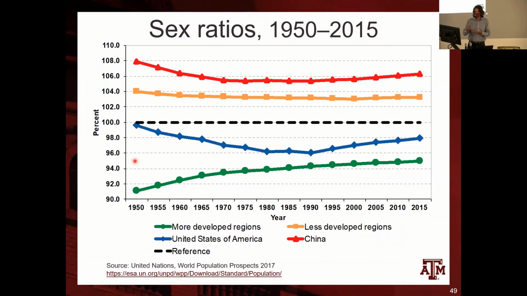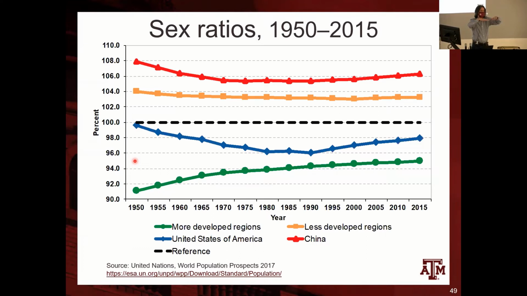Why do these more developed regions and the US have overall more women than men? Usually in those countries, there is no preference for the sex of the child, and usually men and women have the same opportunities in the society. Still a lot of gender inequality, but men and women have similar opportunities in those countries.